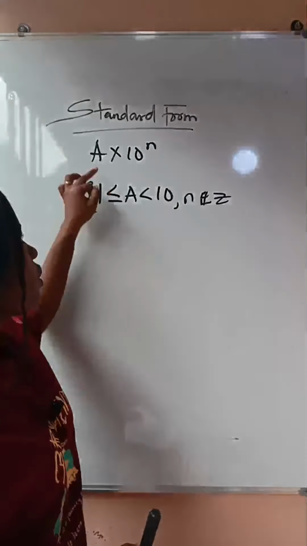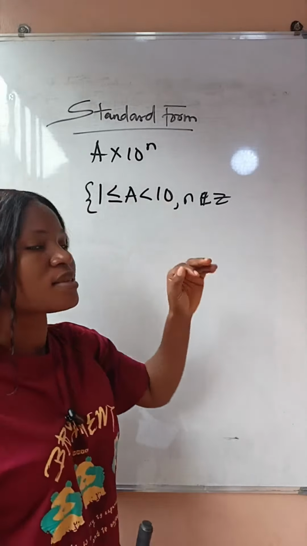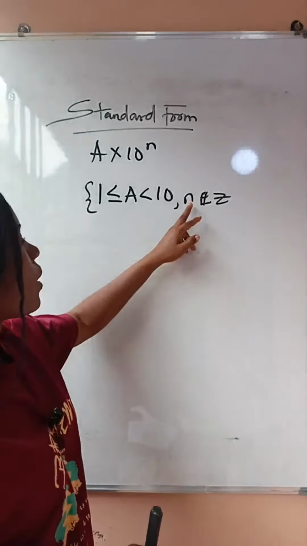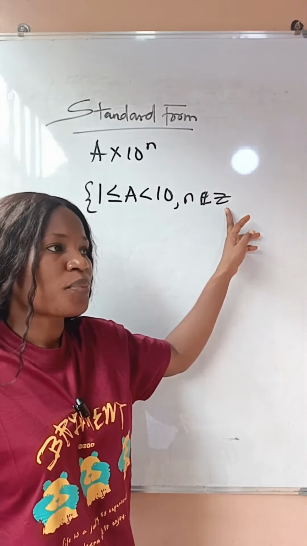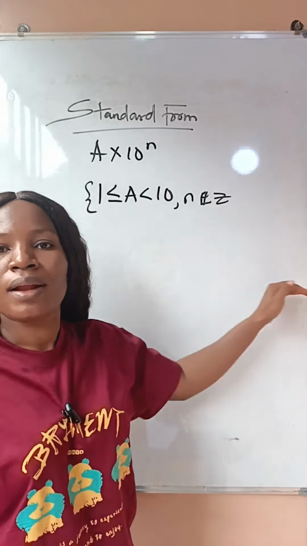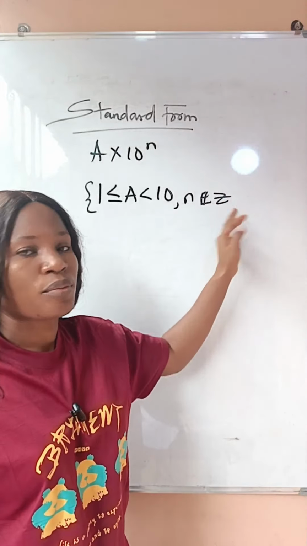And your a must satisfy 1 less than or equal to a, which must be less than 10, and your n must be an integer. You know what an integer means, right? All the numbers you can see on your number line, positive and negative whole numbers. That is what your n should be.